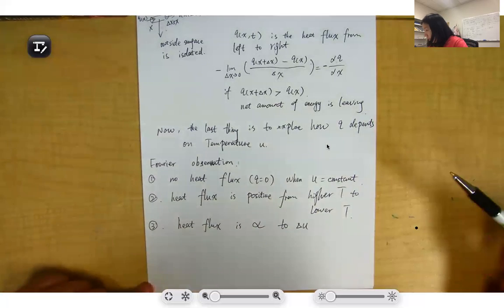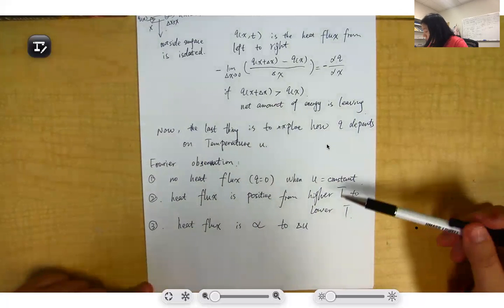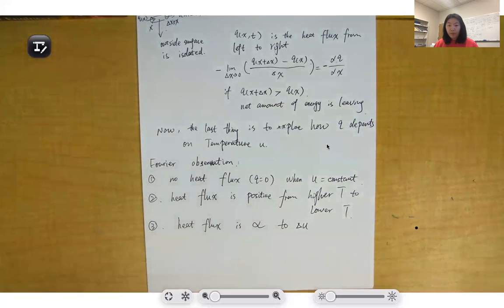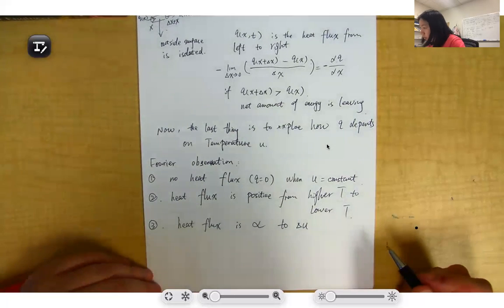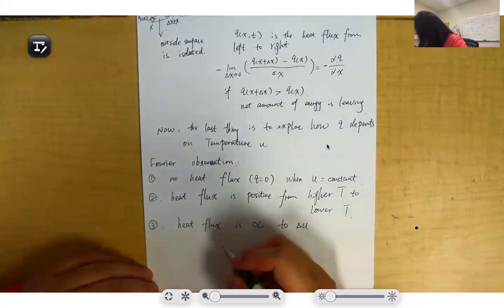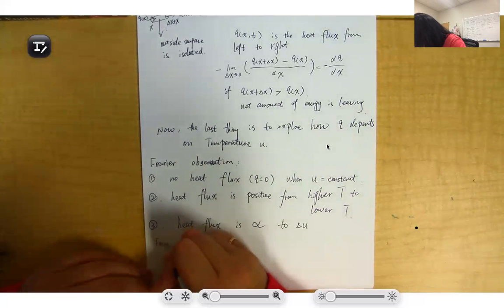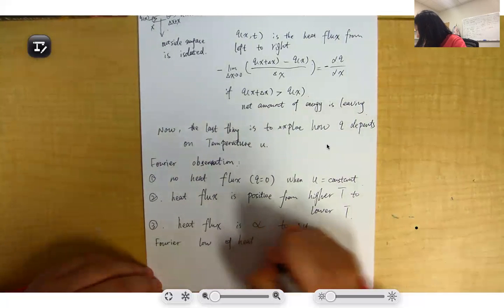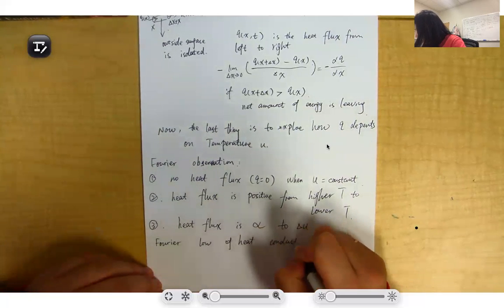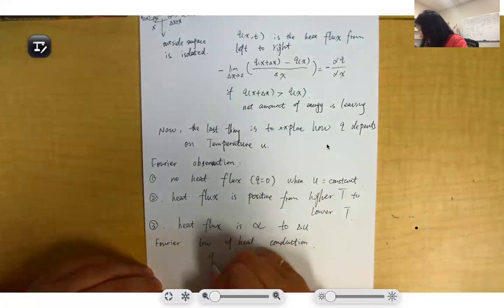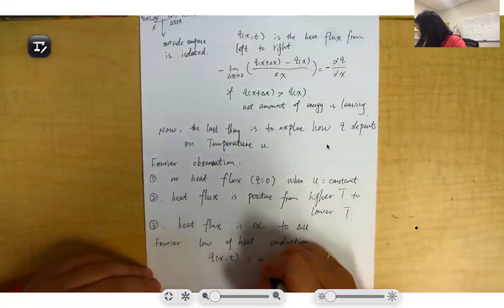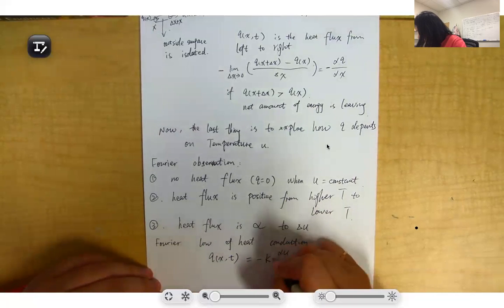So based on these three observations from Fourier, the Fourier law of heat conduction is that my Qxt, so the heat flux term, is equal to minus K du over dx.